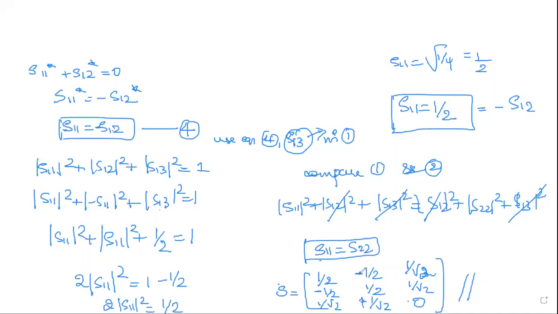That is for your H-plane: minus 1 by 2, 1 by 2, 1 by root 2, 1 by root 2, 1 by root 2 and 0. Whereas when you consider E-plane, this will be positive, this will be positive, where you have negative terms coming in the S23 term and your S32 term. So that is how you derive both equations.